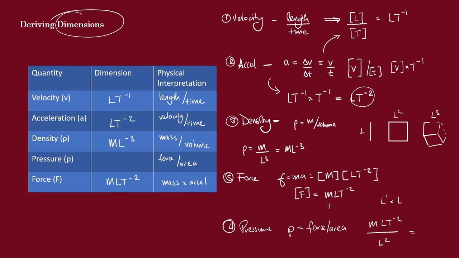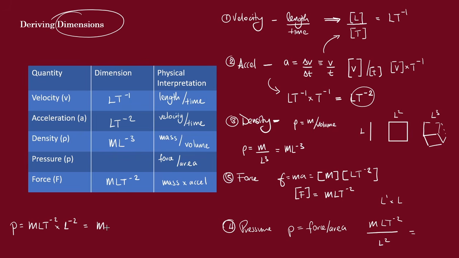Okay, so let's write this out. We're dealing with pressure P. So our numerator is force, so that's MLT raised to minus 2. And we're dividing by area, so our denominator is going to be L squared. If we were to take it up, it would be times L raised to power minus 2.